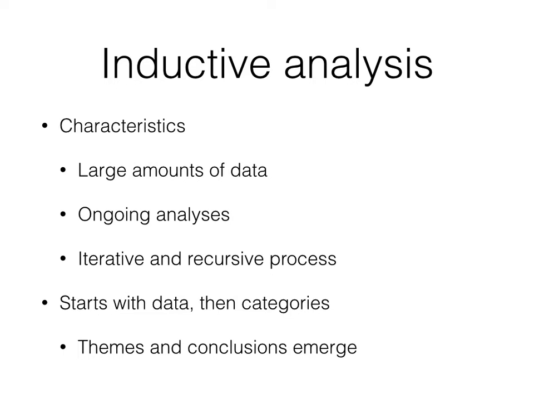We call it an iterative and a recursive process because you go back and say, nope, that didn't work, or I found a better way to code this, and you change it as you go along. So you start with the data and then you categorize it, and with an inductive process you let themes and conclusions emerge from the data.